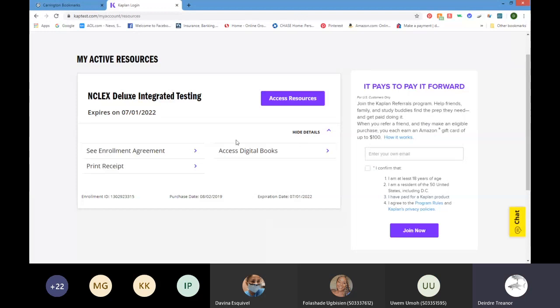Okay, so this is Kaplan. You can see the website, captest.com. You guys will need to start your account. This is the student view, for lack of a better term. So this is what you will see once you get all started. And you're going to do access resources.